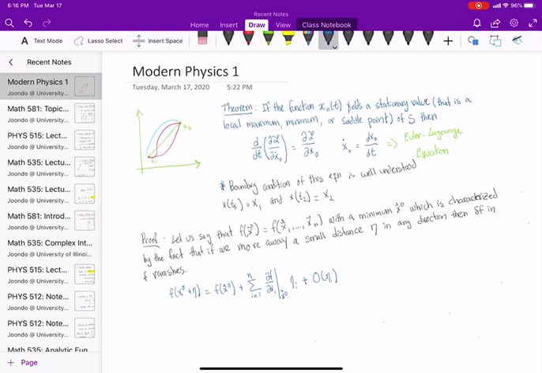So in this case, we say partial f partial x, so we assume something. We say that first, note that partial f partial x is ith dimensional, along with eta.